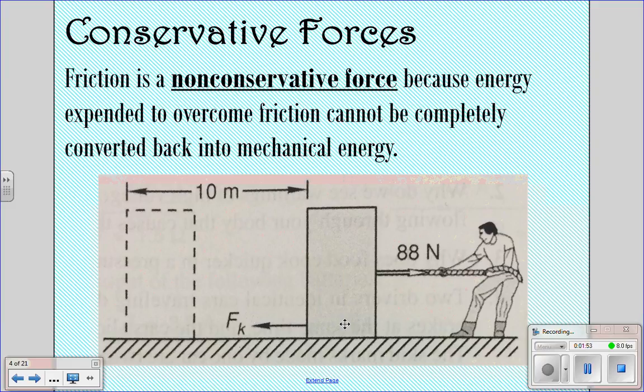So we say that the work done by the friction was negative because the force and the distance were in opposite directions. So the man supplied 880 joules of work, and then the friction used up 880 joules of work. Okay?